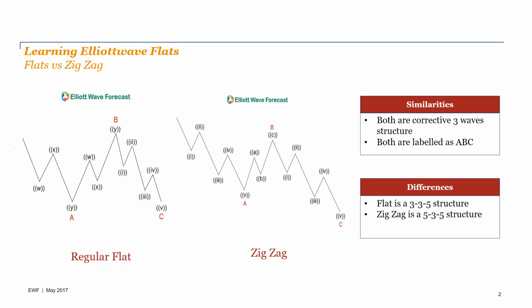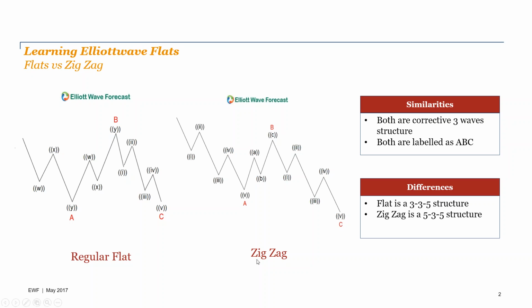That's where the trend is. An impulse consists of 5 waves. If the trend is going up, you will see 5 waves up. If the trend is going down, you will see 5 waves down. But an ABC, on the other hand, is corrective because it's only 3 waves.